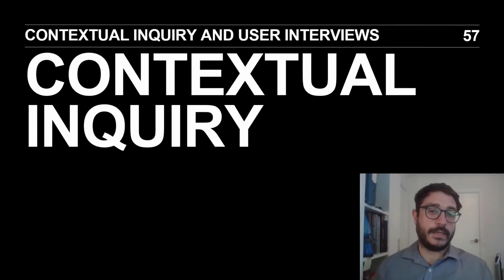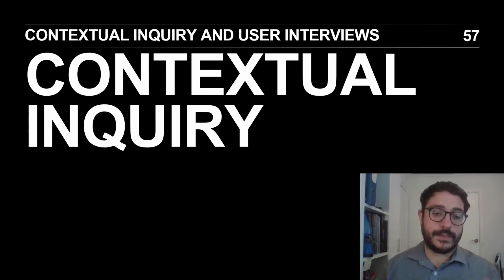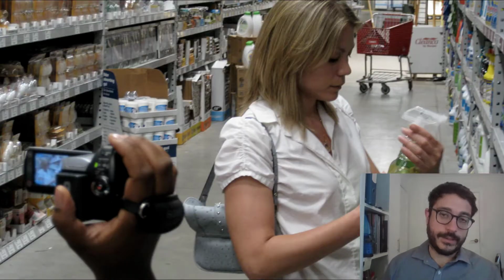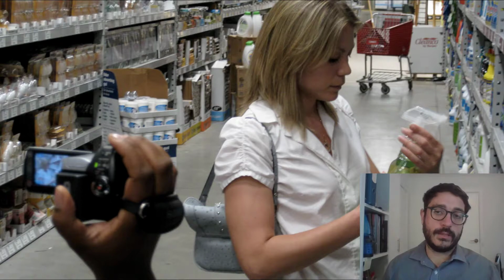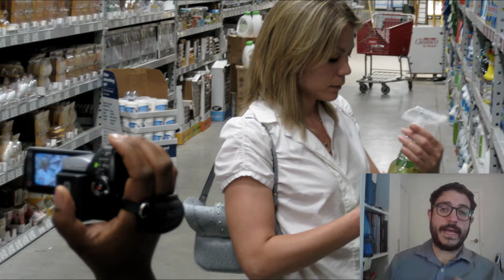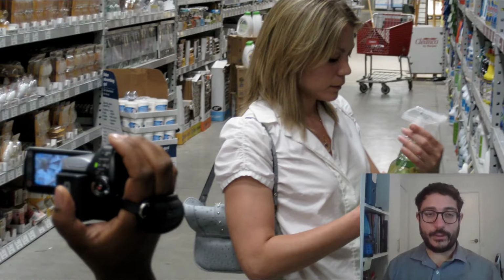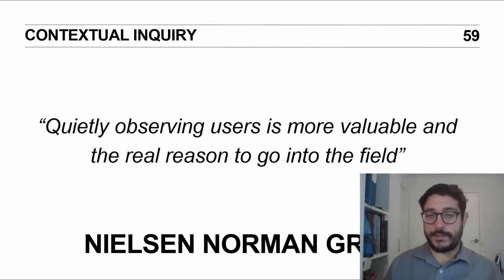So let's have a look at understanding a bit more about the contextual inquiry. Contextual inquiry is more about understanding what happens around the user without interrupting it. Quietly observing users is more valuable, and it's the real reason to go into the field.